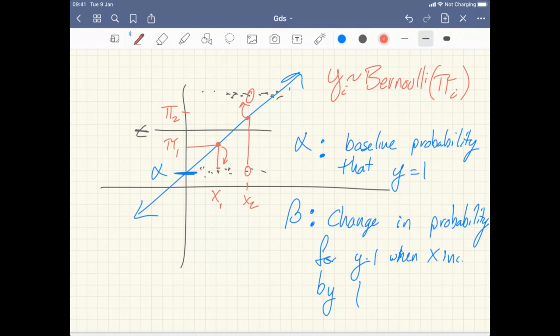And in the assessment, I'm showing you that through using the linear probability model. Now there's an issue with this. If I get some really small x values, my probabilities can actually become negative. And if I get some really large x values, my probabilities can become greater than 1.